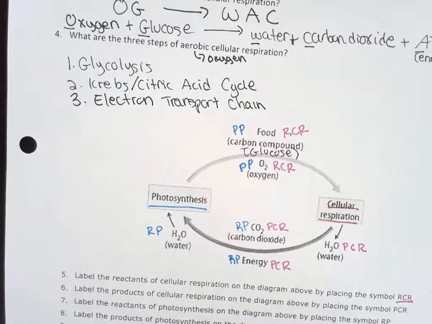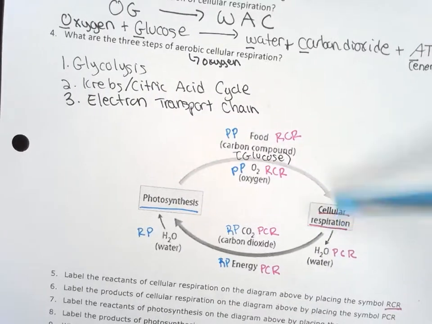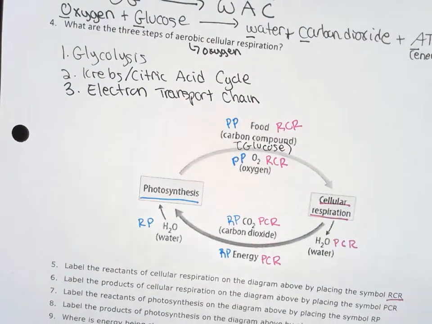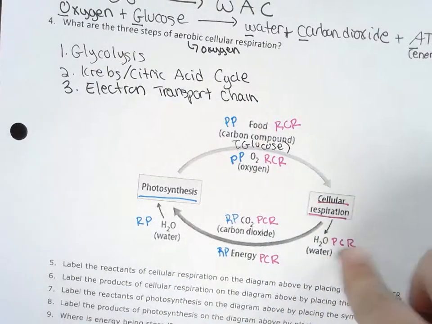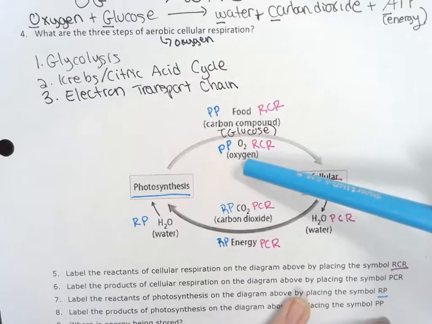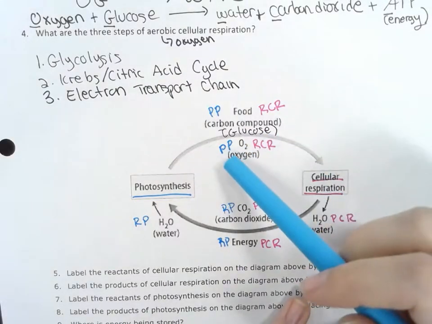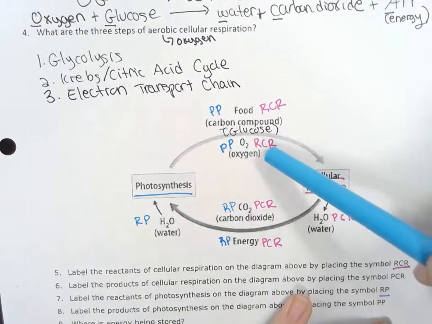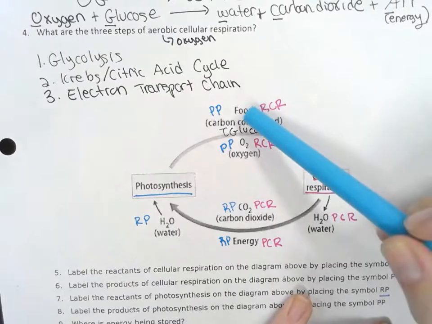So what we see here are all of these substances that are involved in these two processes. They're labeled, I see both maroon and blue on every substance. That means that they have a role in each of the processes. Now, if we look at oxygen, I see that I've labeled it as a product of photosynthesis and as a reactant of cellular respiration, and the same thing with glucose.